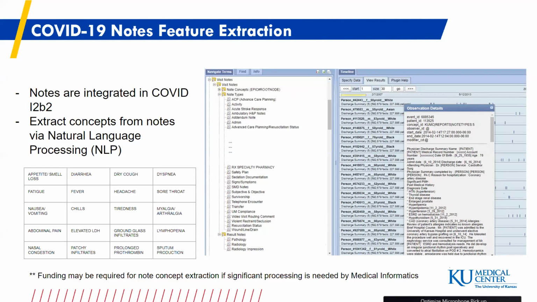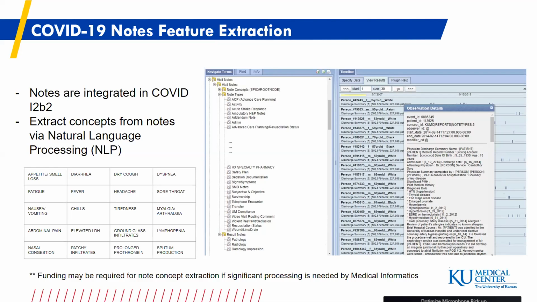The NLP tool can identify the assertions for these concepts, so whether the concept is present in the patient or is negated. It can also identify the experiencer, so whether this concept is related to the patient or, for example, to a family member.